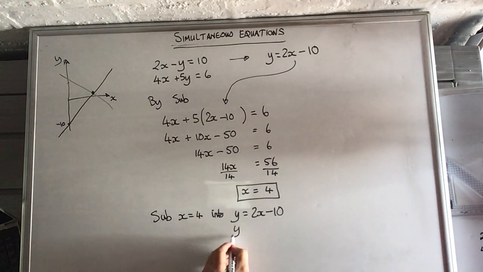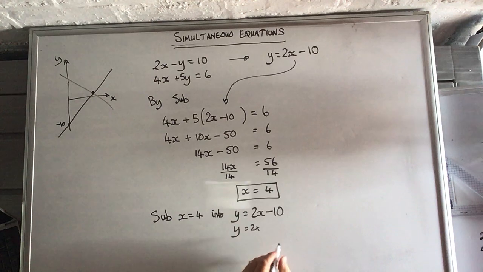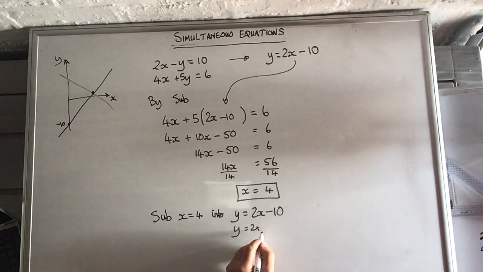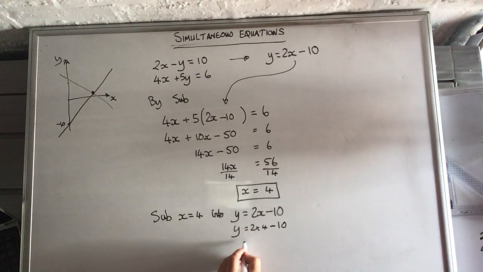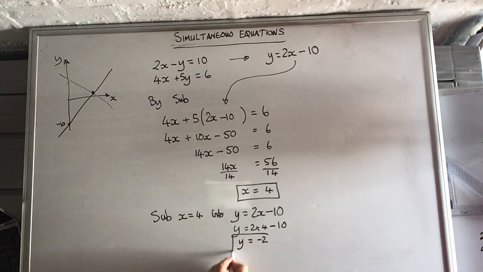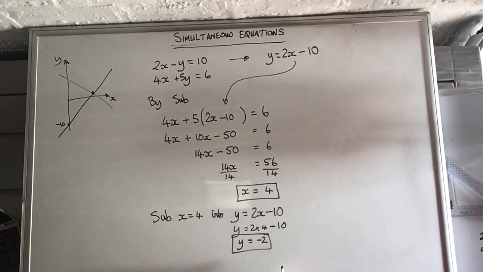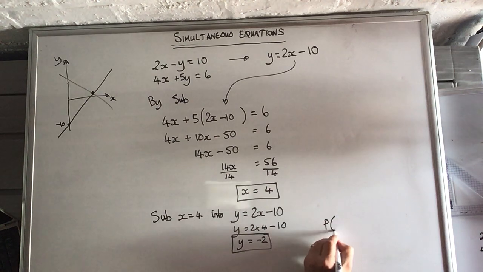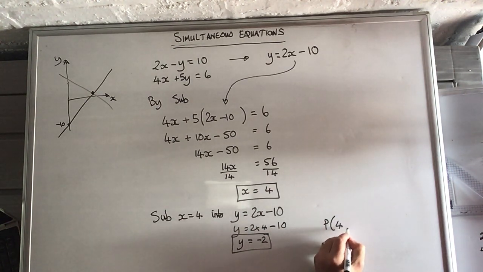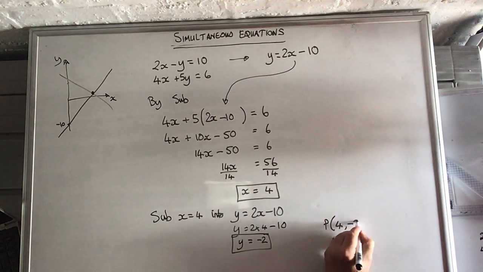Well, y then must be equal to 2 times 4 minus 10. So that gives me y is equal to, that's 8 taken away 10 is minus 2. Okay, so the crossover at the point x equal to 4 and y equal to minus 2.